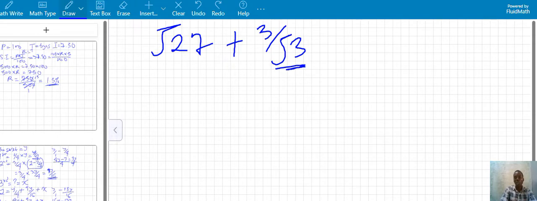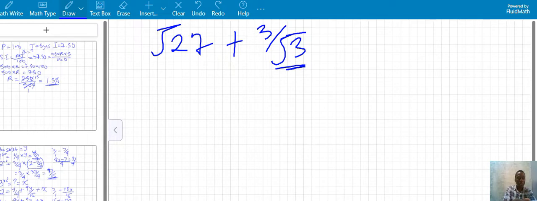So when we do rationalization, we'll make this root 3, which is an irrational number, rational. So for us to do that, we are going to multiply both the numerator and the denominator by root 3. So that is one way we can do that.